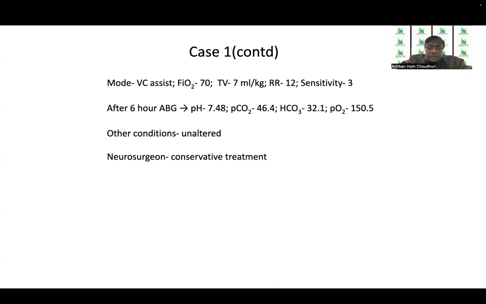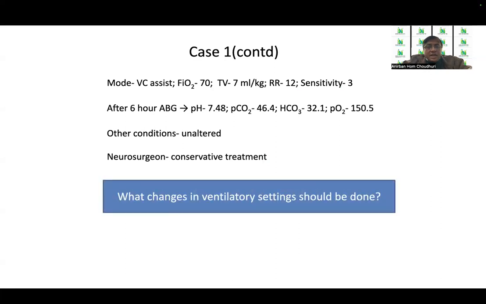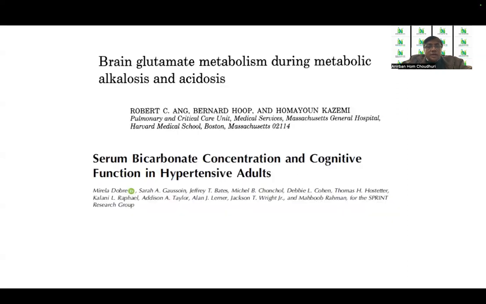The neurosurgeon's opinion has confirmed that no active surgery is required and conservative treatment has to follow. Now, where the pH is turning slightly alkalotic with a rising bicarb, the question arises, what changes in ventilatory settings should be done?